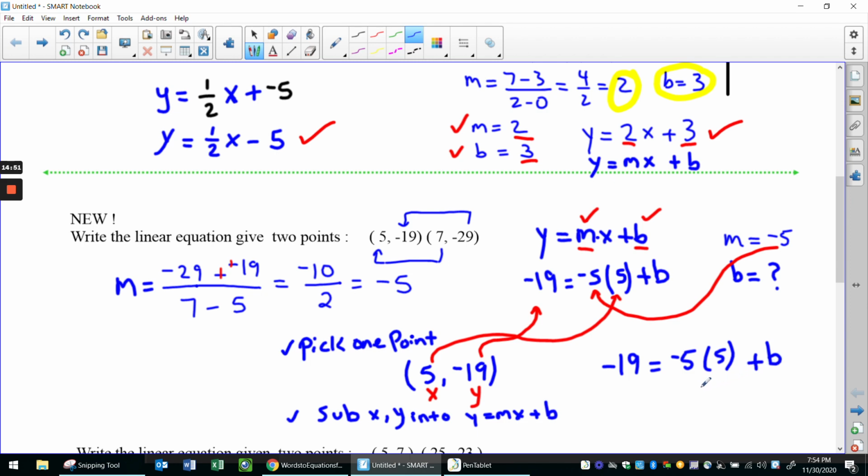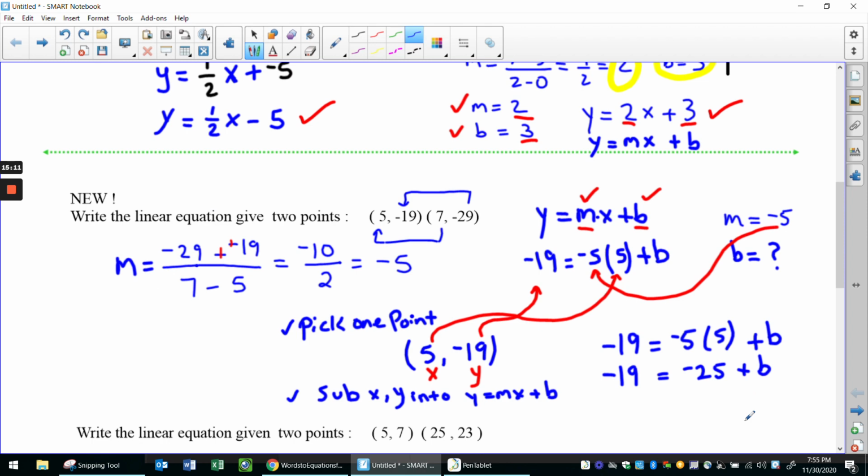So we're going to go ahead and solve for b. So this is going to be negative 19 is equal to 5 times negative 5 is negative 25 plus b. And we haven't done this in a while, but these are one-step equations, where what you're going to do is simply balance your equation. So you've got b on one side, negative 25 here, and negative 19 here.